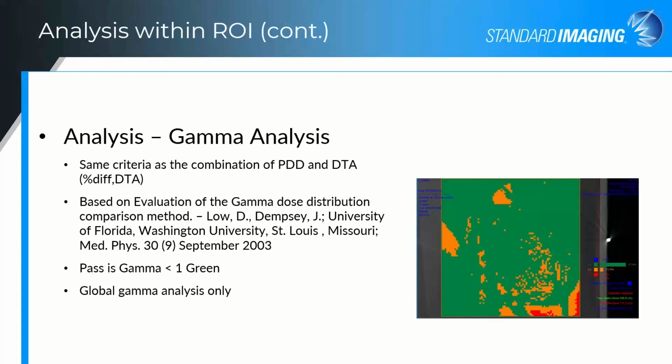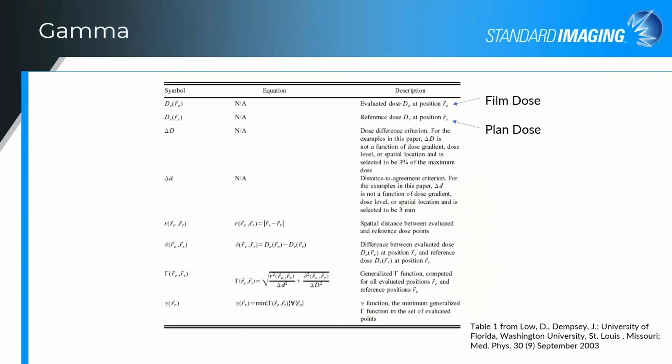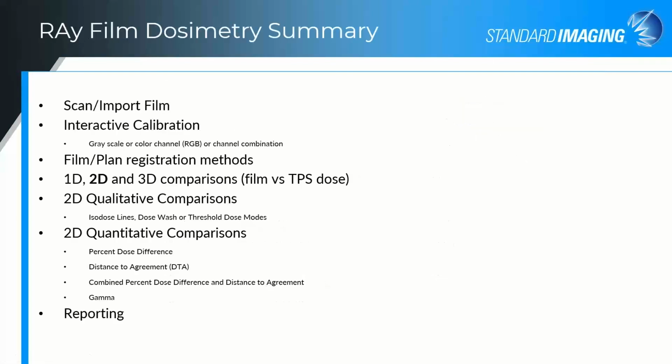Ray supports the global gamma. And this is the well-known table from the 2003 paper by Dan Low. Just wanted to point out here that the evaluated dose is the film dose, the reference dose is the planned dose, just for clarity.